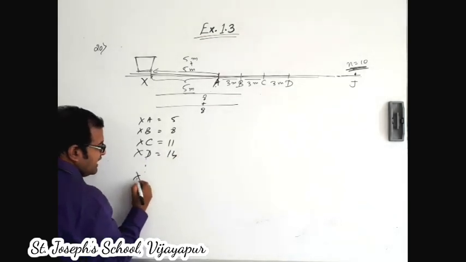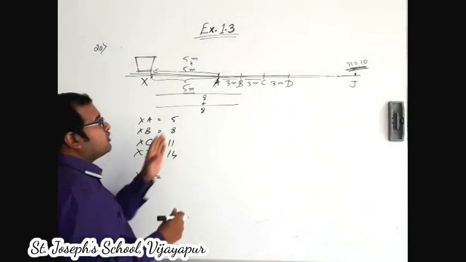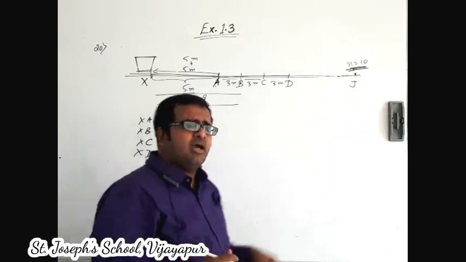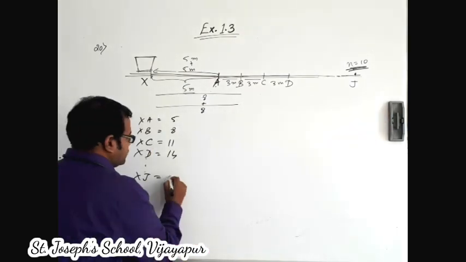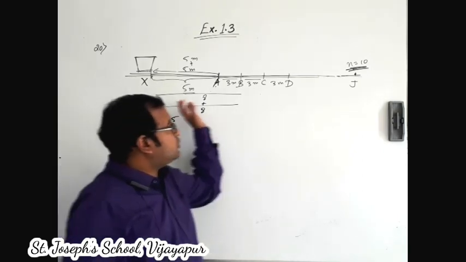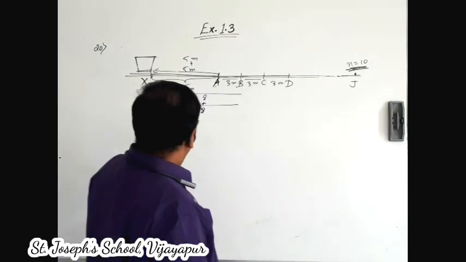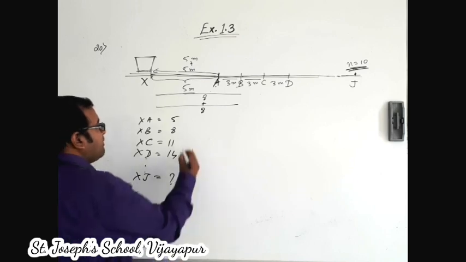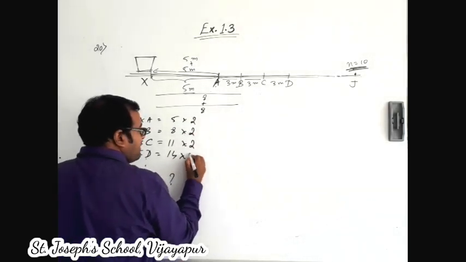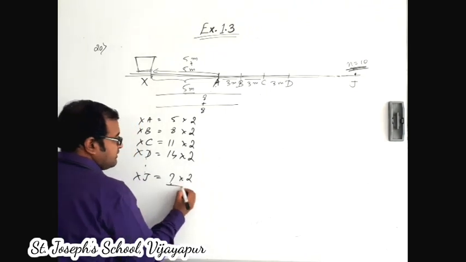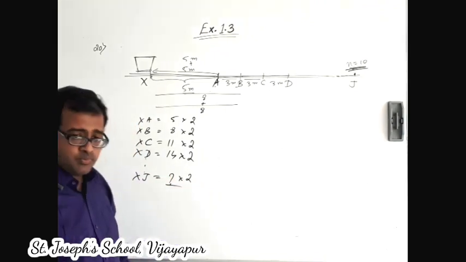This continues till XJ, the 10th one if I go on calling them A, B, C, D. The XJ distance is not known, the total distance is not given. So we will have to add all of these and multiply each one by 2, because the competitor has to come back also.